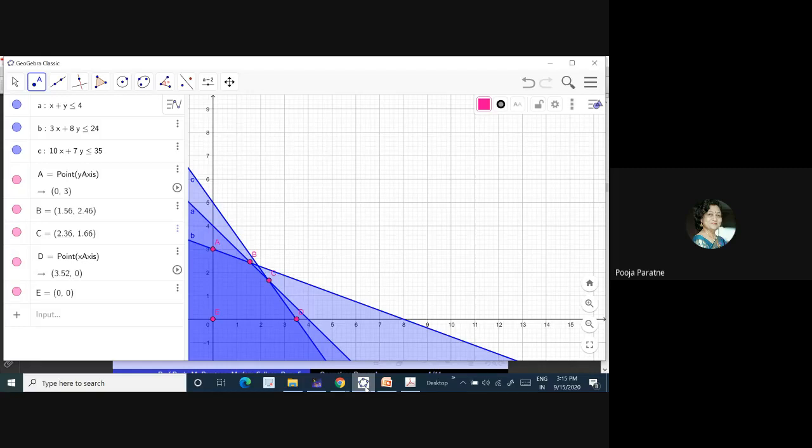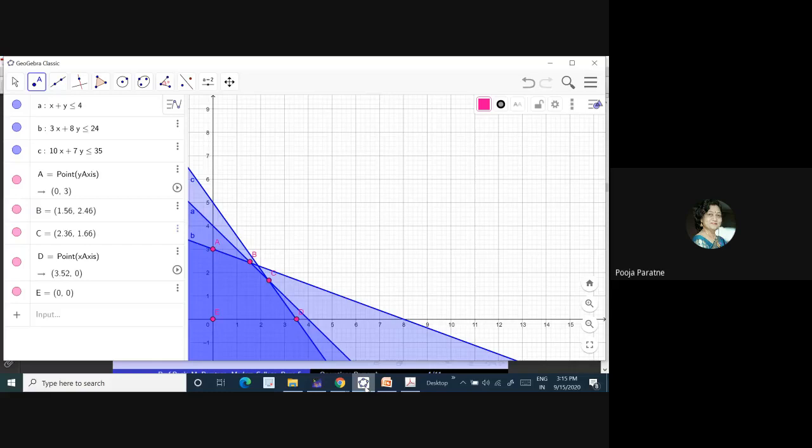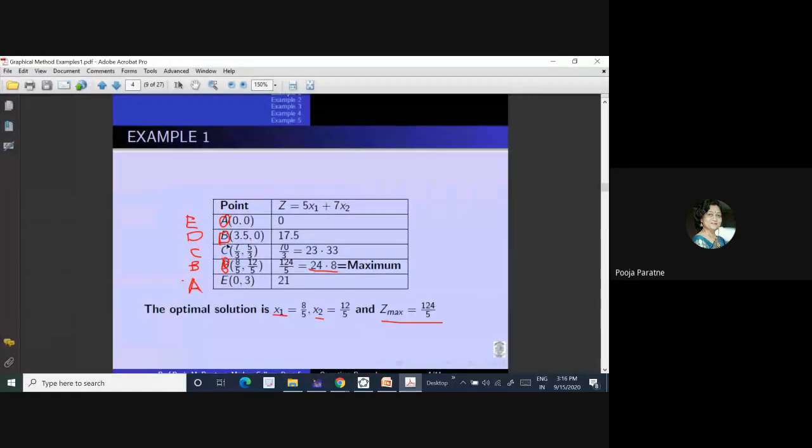So the important thing is to draw the graph, identify the common feasible region, and properly calculate the coordinates of the corner points, which is a very important part. Here there are 5 points we have got, and the same 5 points we put in this table by calculating the coordinates of C and B, checking the values of Z, and identifying the maximum value.